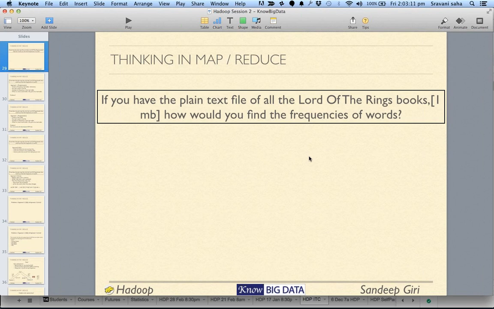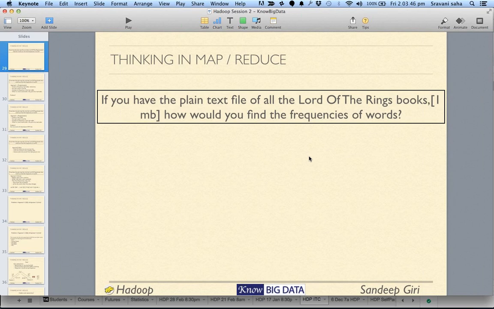Did you think about this problem? If you have a plain text file of all of the Lord of the Rings books, say 1 MB for now, how would you find the frequencies of words? You have a plain text file which contains multiple words per line, and this is a huge file in terms of plain text.